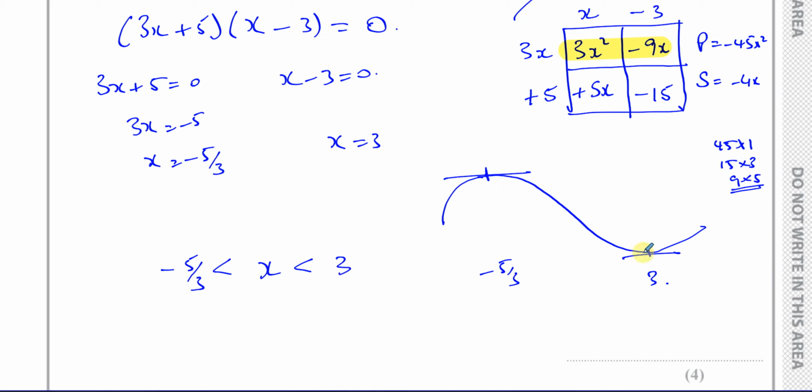That's where the gradient will be negative. At those points themselves, it will have a 0 gradient. So between those two values, it will have a negative gradient. So the answer is x is between minus 5 over 3 and 3. For those values of x, it has a negative gradient.